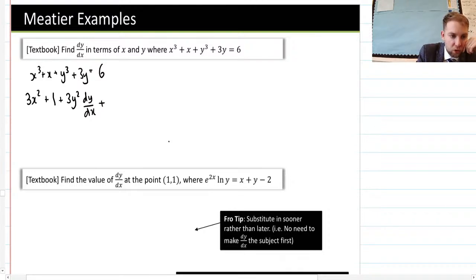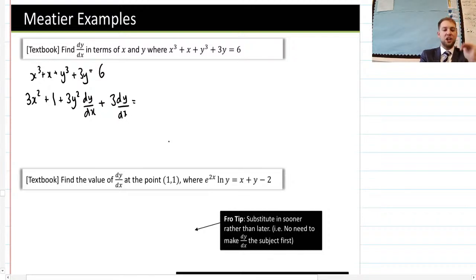And then plus, if I differentiate 3y, again, you've got to use the chain rule. Differentiate 3y, it'd just be 3, then differentiate y, which is inside that, it'd be 3 dy by dx. And that one's quite straightforward. So this one's 3 dy by dx.